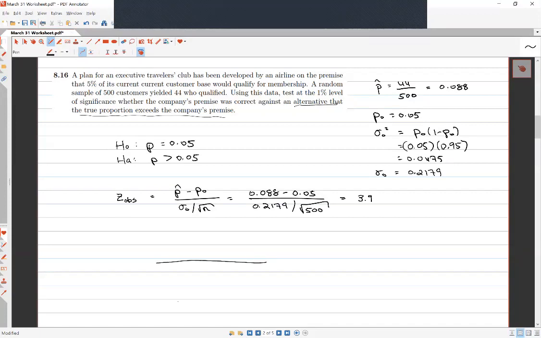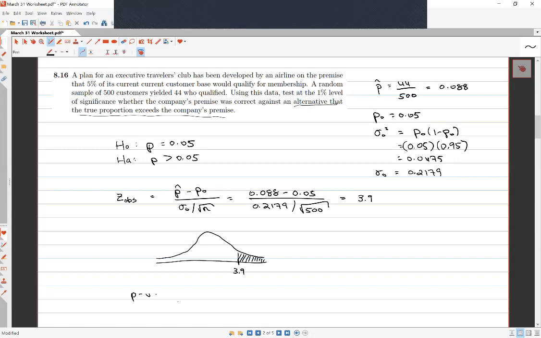So now, when you're evaluating your p-value, we only want the area to the right of Z observed. To the right, because we had greater than under the alternative.